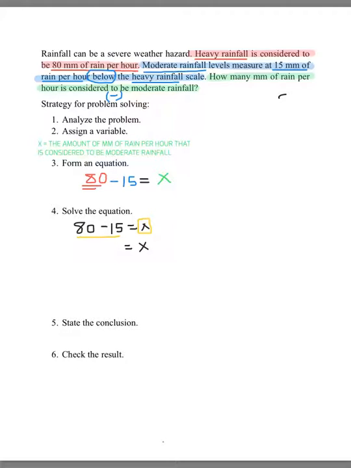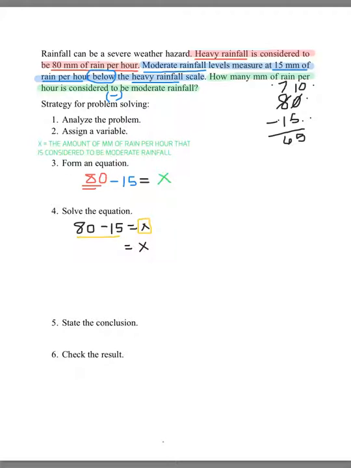So we'll have 80 minus 15. Now we want to do 0 minus 5, but since 0 is less than 5, the 0 needs to borrow from the 8 next door. So the 8 becomes a 7, and our 0 becomes a 10. So now we can do 10 minus 5, which gives us 5, and then 7 minus 1 gives us 6.